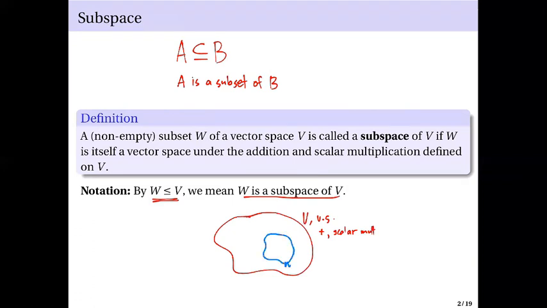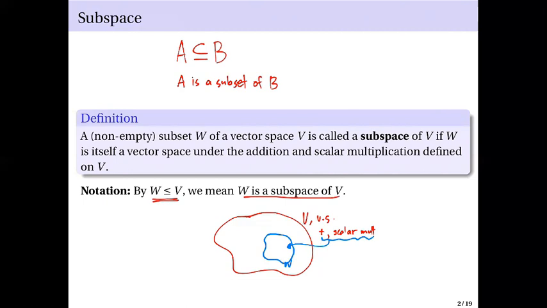This is your W. These two operations will be inherited by that set W, and if W is a vector space with these operations, then W is a subspace of V.